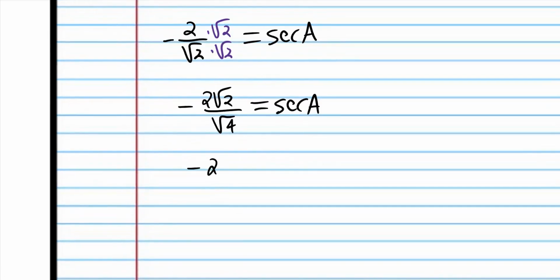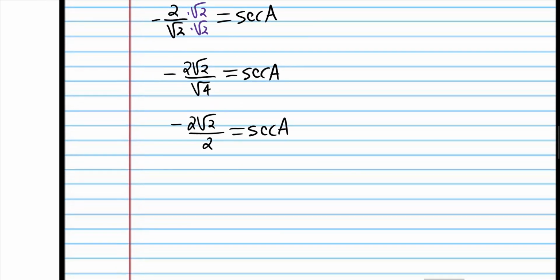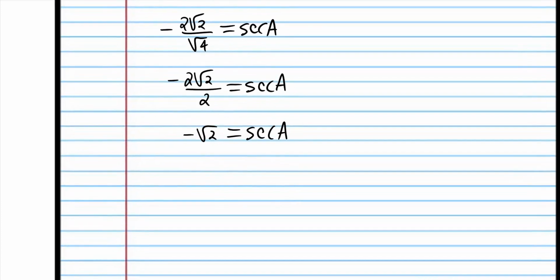And root 4 is 2. The 2's cancel out. We get negative root 2 is equal to secant A. So this is negative x root 2 over x. That's a 45, 45, 90 degree triangle.